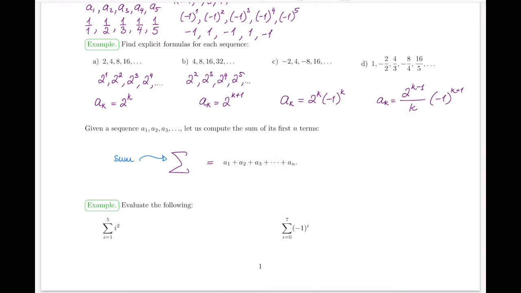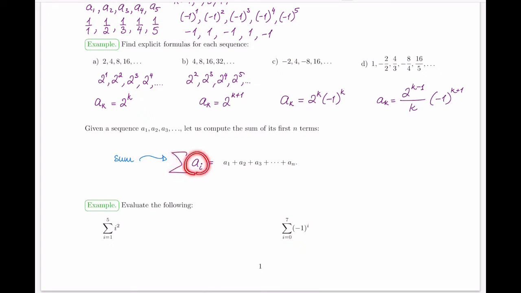What goes inside the sigma is my actual representative term. So we've been using a k here. I'm going to use an i here. It doesn't really matter what you call your index. Normally we call it i for index. So this just means so far that I'm adding up the a_i terms.